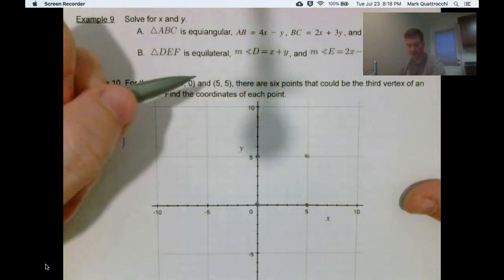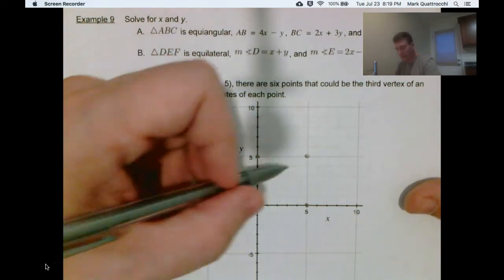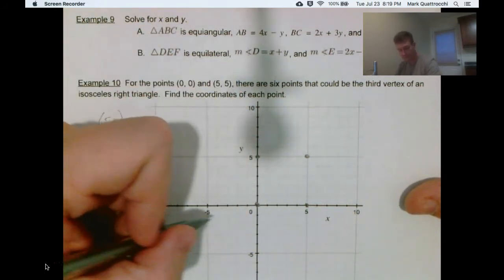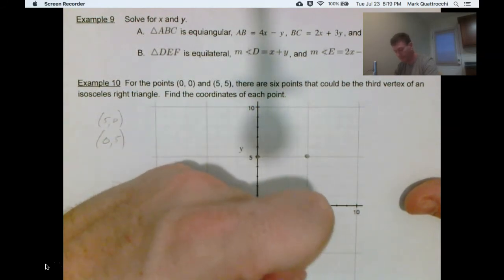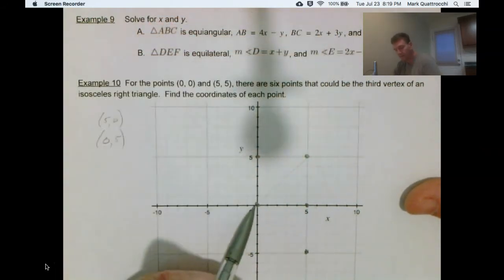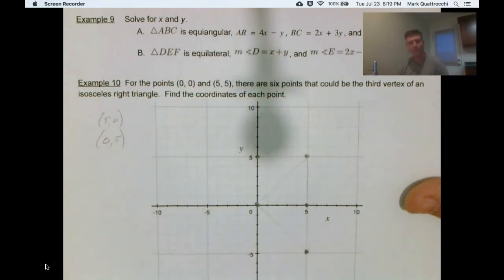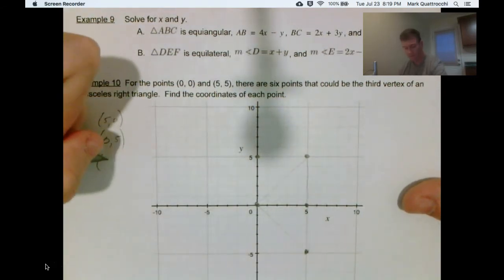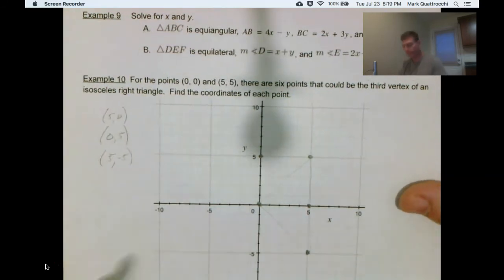They would each be 5. And we could go, this one's a little bit trickier. 5, -5. And this triangle would be right here, making it isosceles right there.